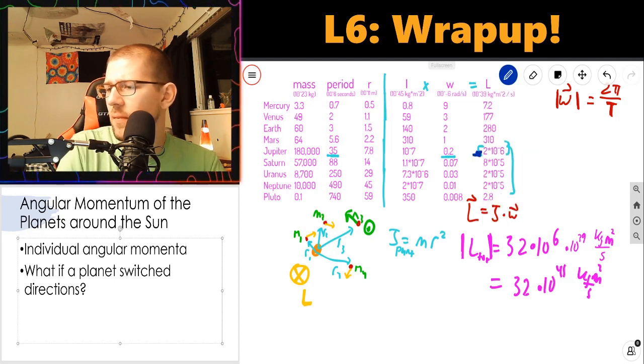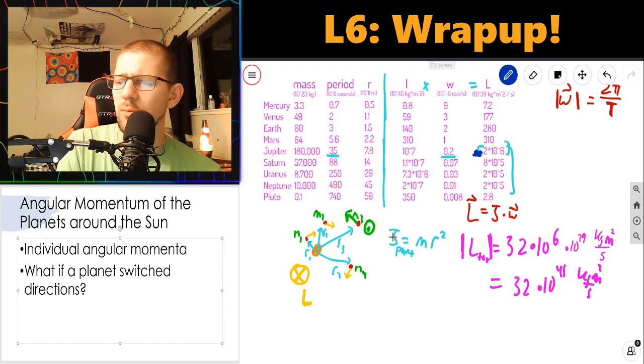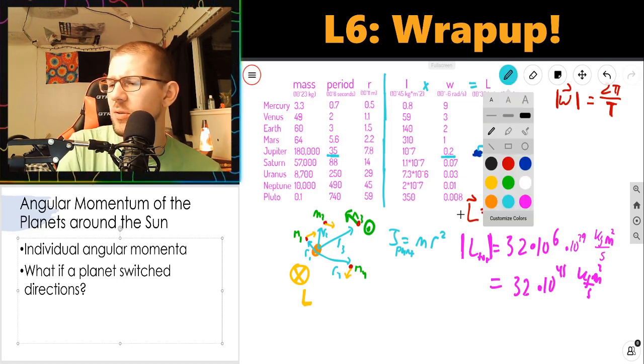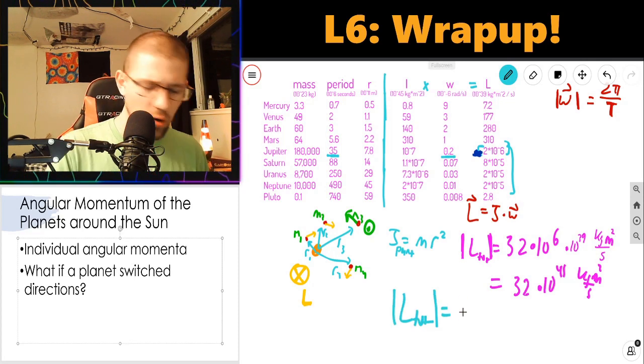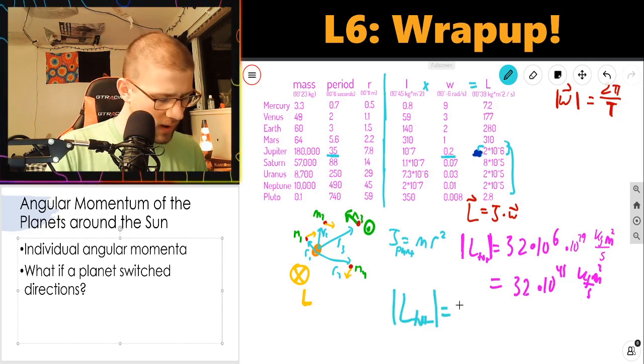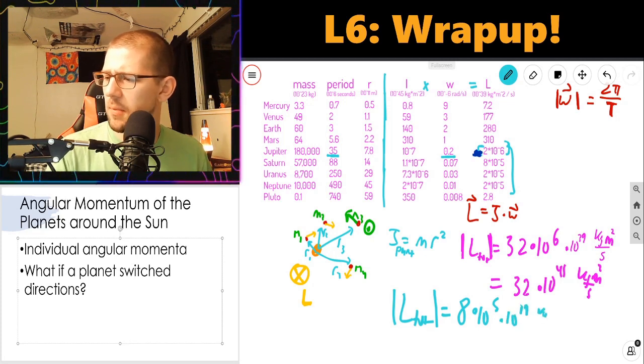Minus. Okay, so if I do that same addition, adding them all up and subtracting off the one that's going the opposite direction, Jupiter, as a kind of vector subtraction, what I get for my total momentum, if I were to spontaneously reverse Jupiter's course, is a total angular momentum magnitude of around 8 times 10 to the 5th times 10 to the 39th kilogram meters squared per second.